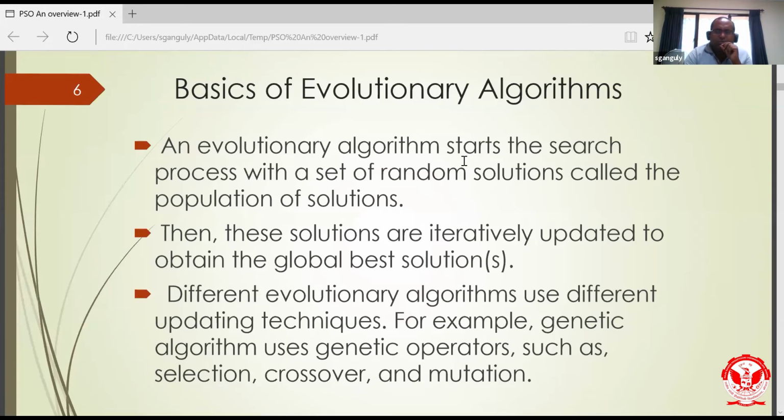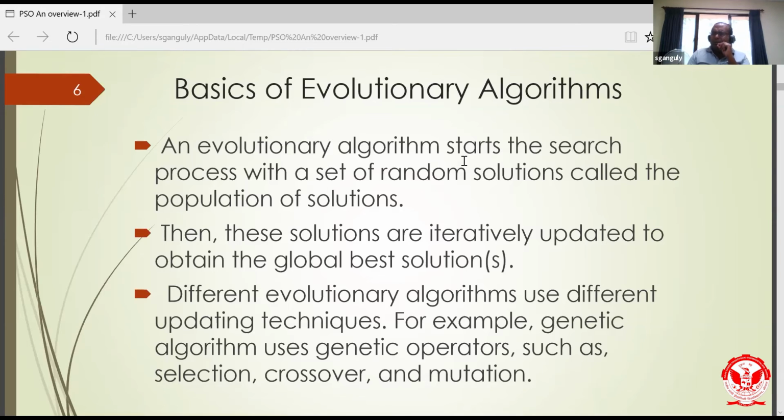What is the difference between these algorithms and deterministic algorithms? Deterministic algorithms are mostly point to point search techniques, and they are also iterative. They choose one initial guess, and then that initial guess is iteratively updated to arrive at a final solution.